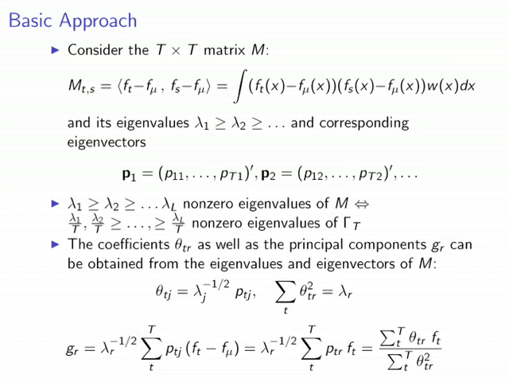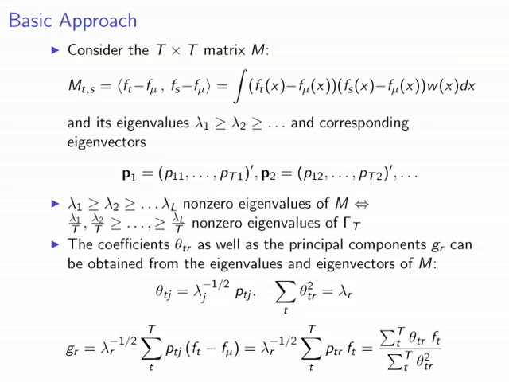The underlying background is essentially that this matrix and this matrix have the same non-zero eigenvalues. All the non-zero eigenvalues of this matrix are related to the eigenvalues of gamma. So the eigenvalues of this matrix M, lambda 1 larger or equal to lambda 2, are the non-zero eigenvalues of M. If you divide them by T, these are the non-zero eigenvalues of gamma T. So essentially the eigenvalues of this matrix will be capital T times the eigenvalues of the covariance operator.